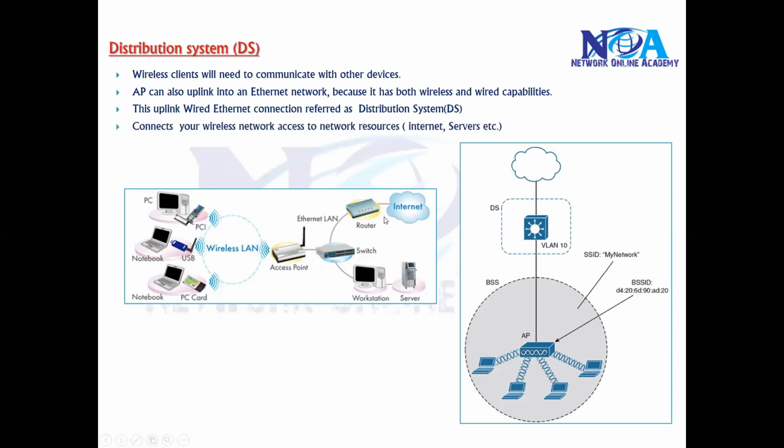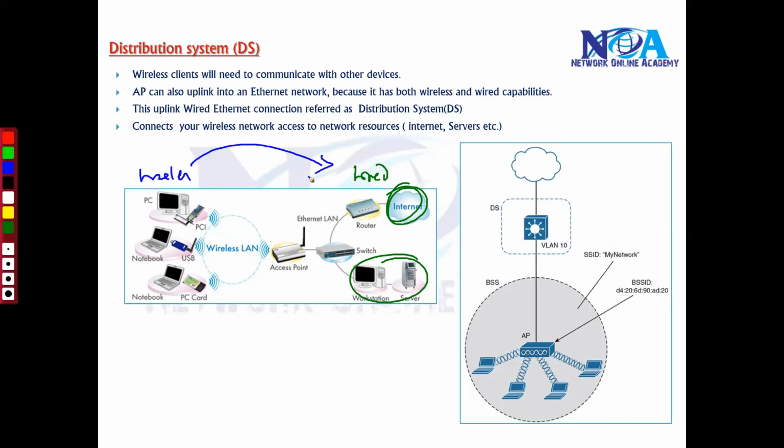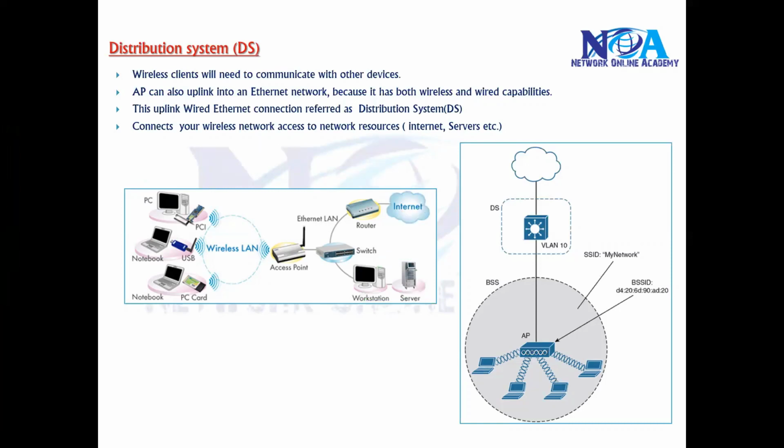Finally, what this distribution system is going to do is provide the connectivity from your wireless network to the wired resources. Like here, in the example, we have some servers and the internet on my wired network. They can connect from the wireless to the wired network through this distribution system. That's the technical term for the uplink used from the access point to the wired network.